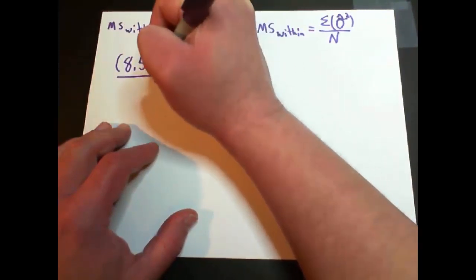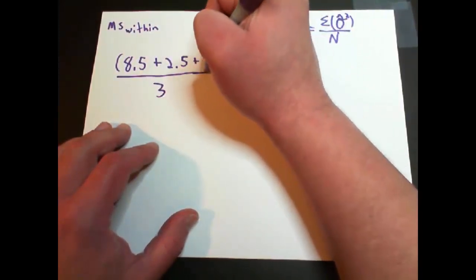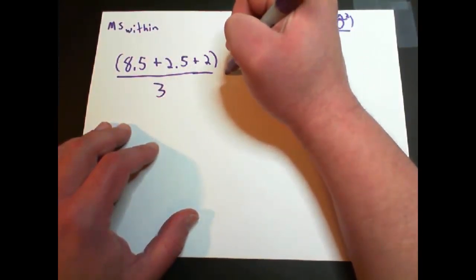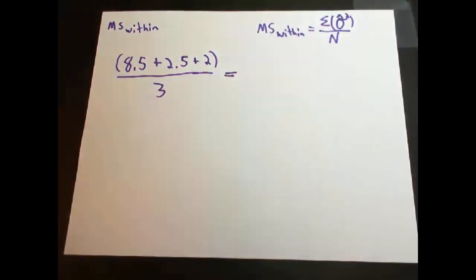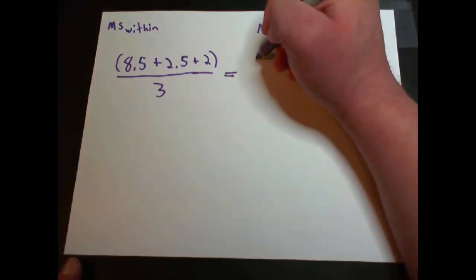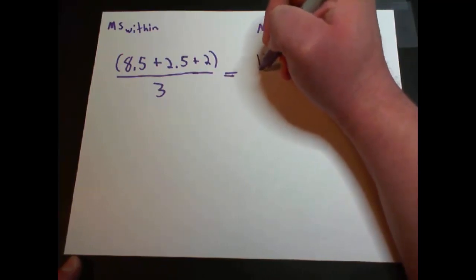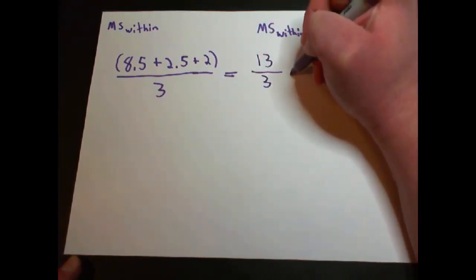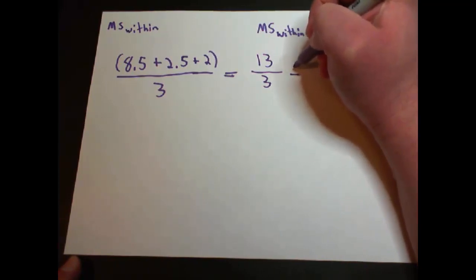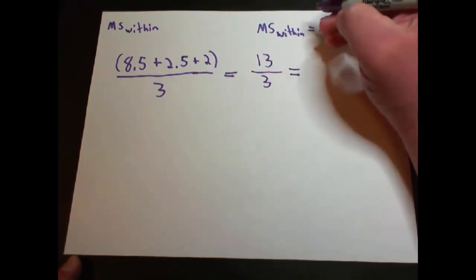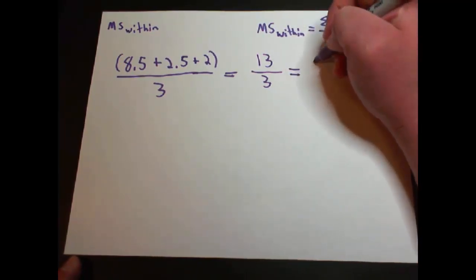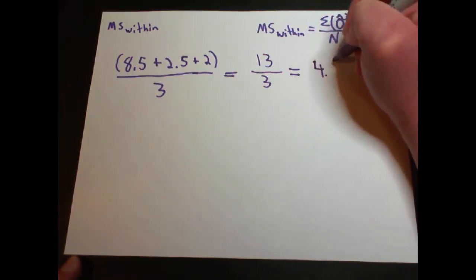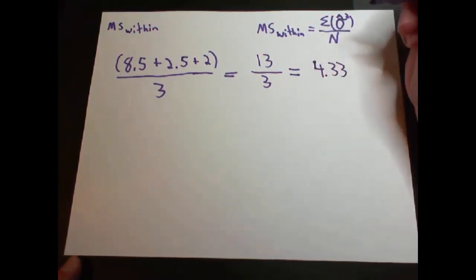And so there were 3 total. So the sum is 13, divided by 3 gives us an MS within of 4.33.